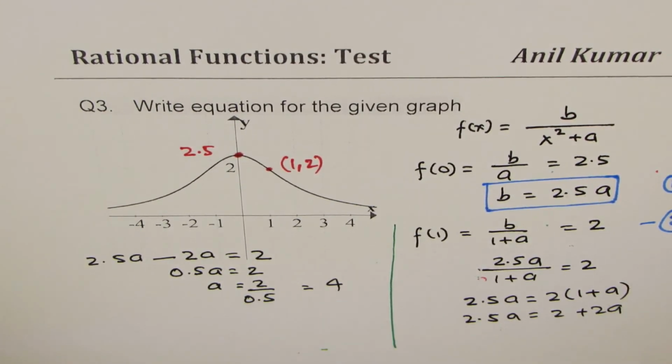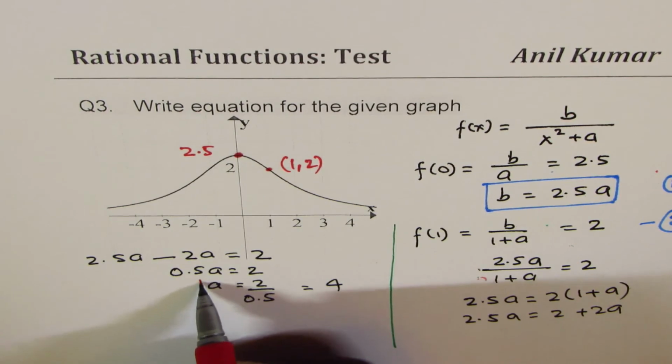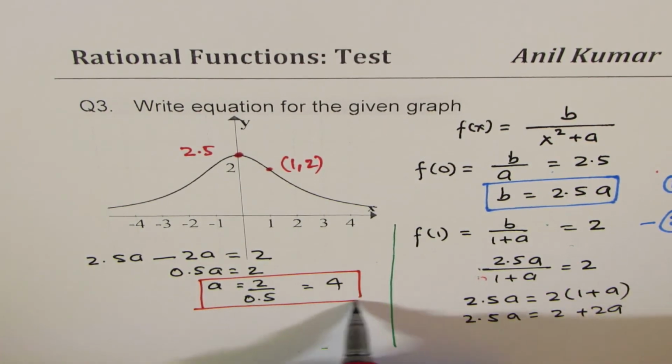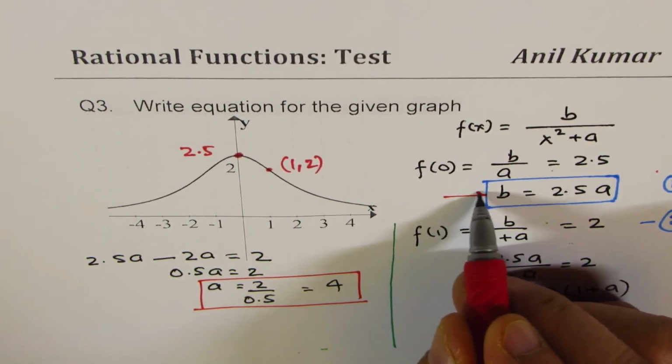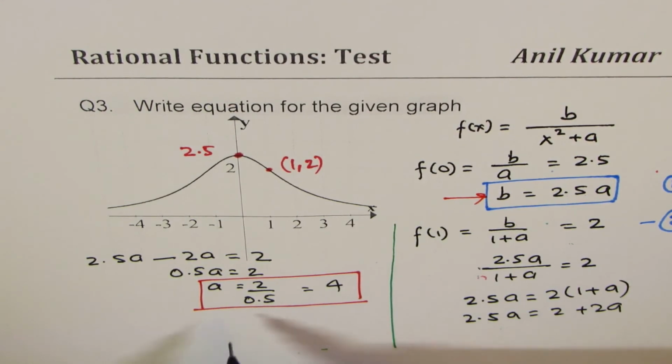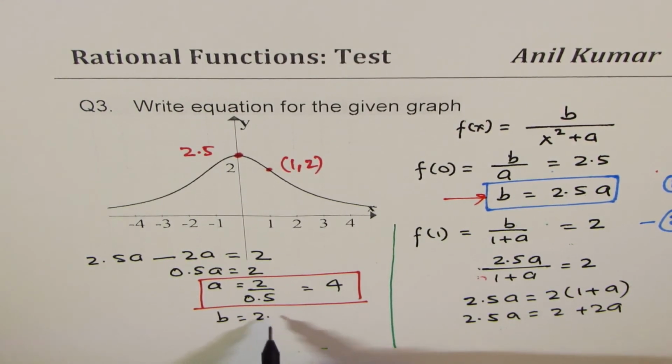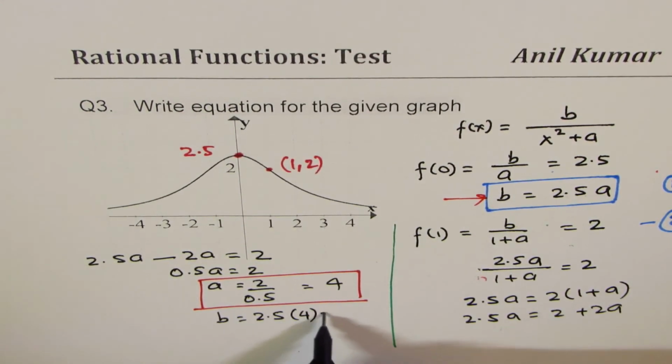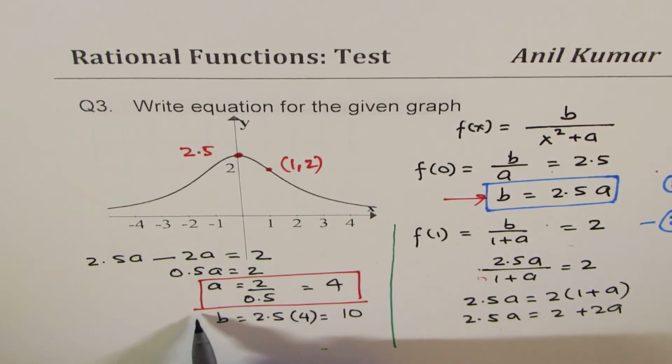If a is 4, we get one answer, right? a equals 4. We can substitute this value of a in this equation, find b. So b equals 2.5 times 4, which is 10. So we get the value of b as 10.